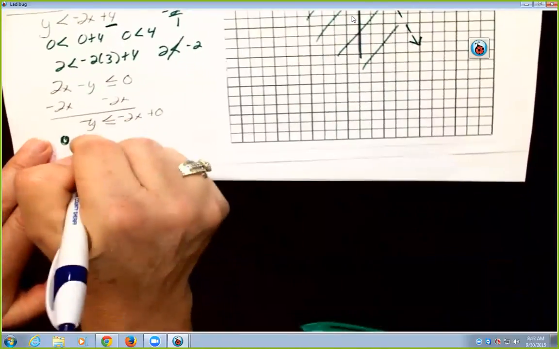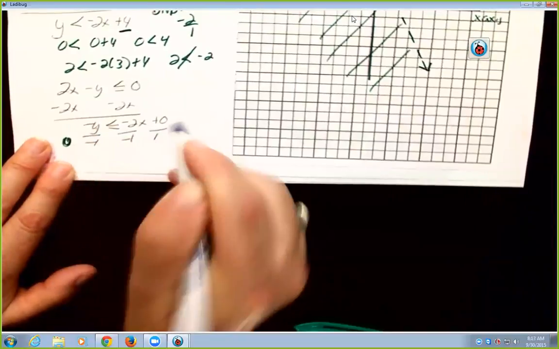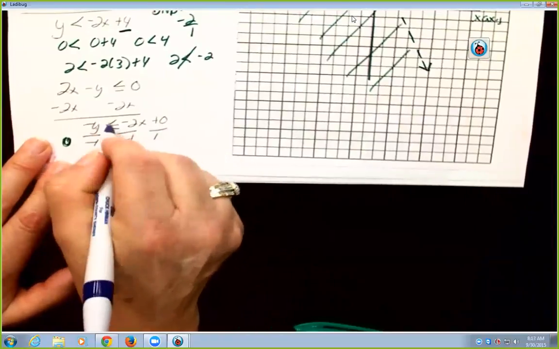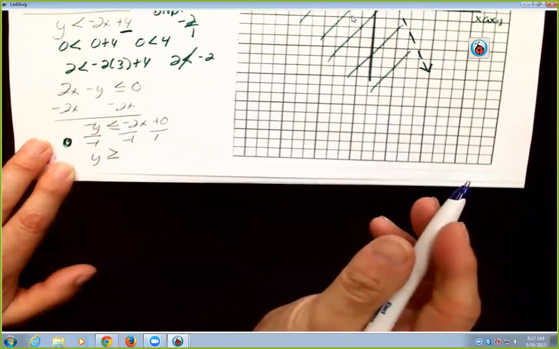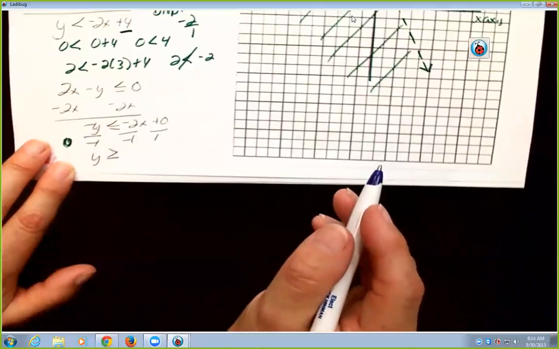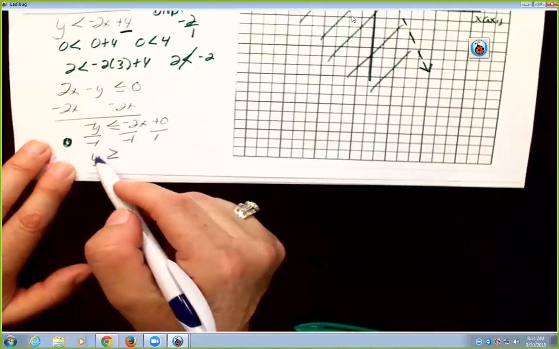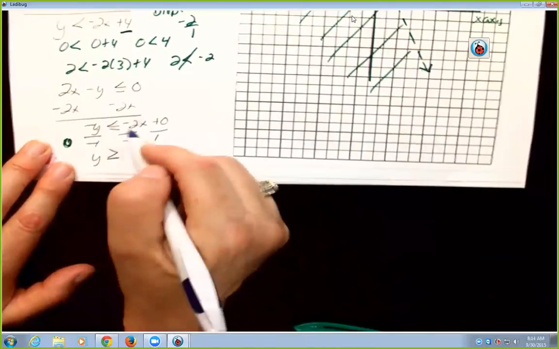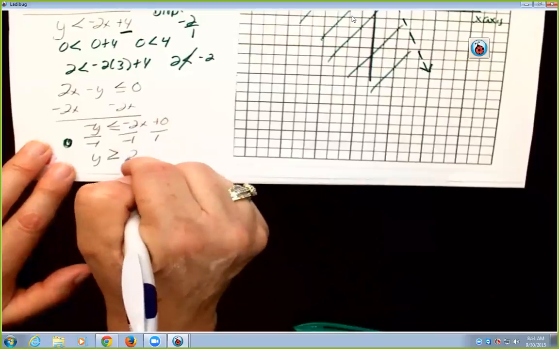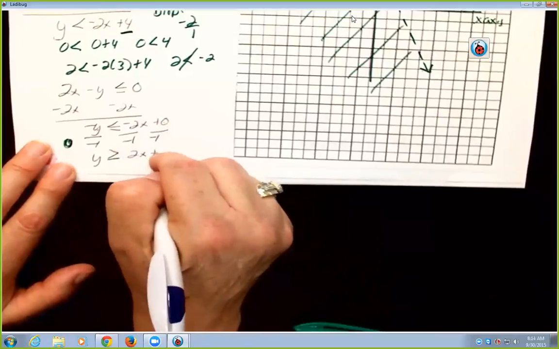When I divide every piece by a negative 1, I get y. But because I've divided by the negative, my inequality needs to switch. And it's probably been a while since you guys knew that that needed to switch. But we need to switch it in there so that it comes out correct. So negative 2 divided by negative 1 is 2x. 0 divided by a negative 1 is still 0.